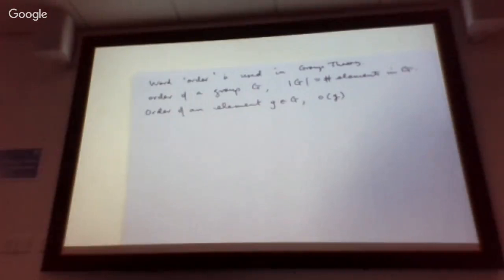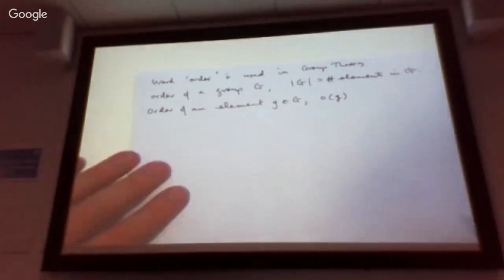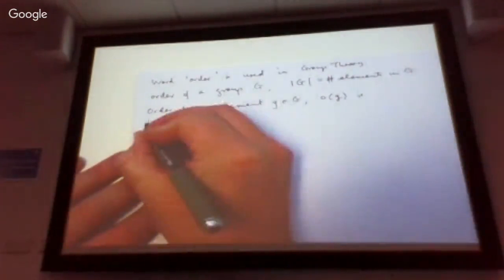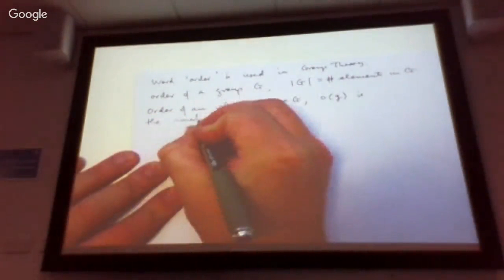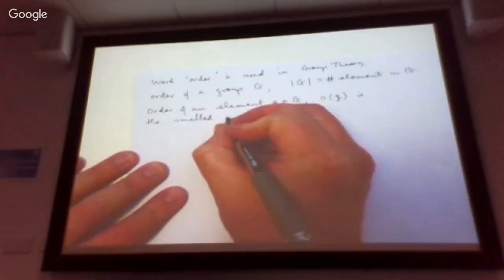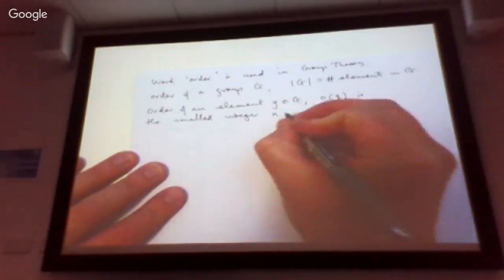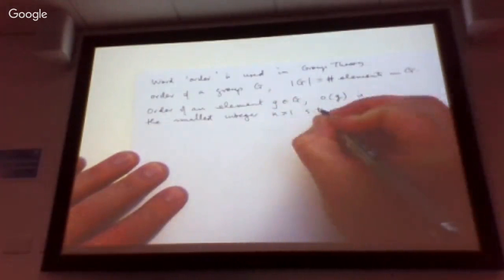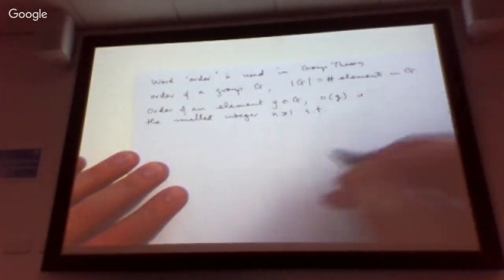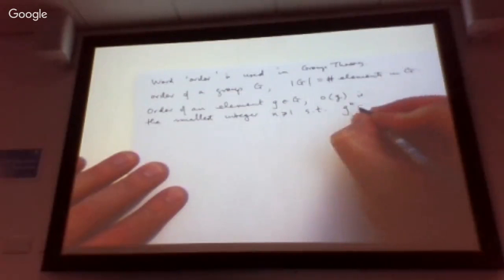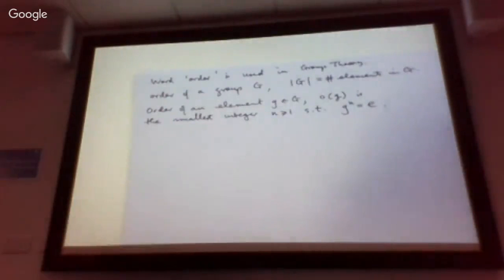But O(g), or just simply said as the order of g, this is the smallest integer n, greater than or equal to 1, such that g to the n is equal to the identity.